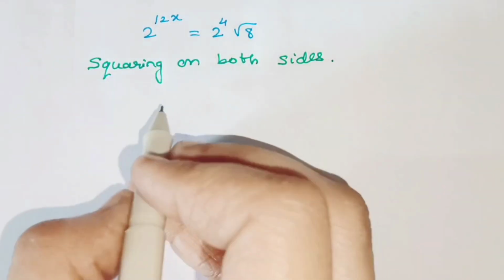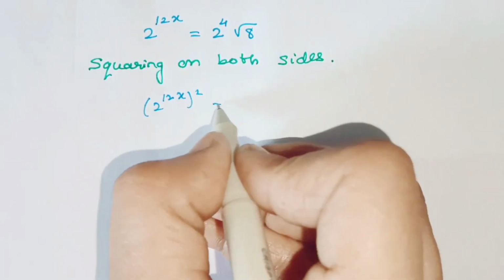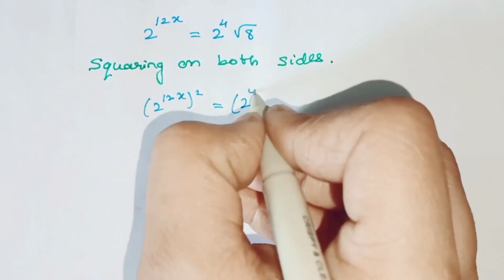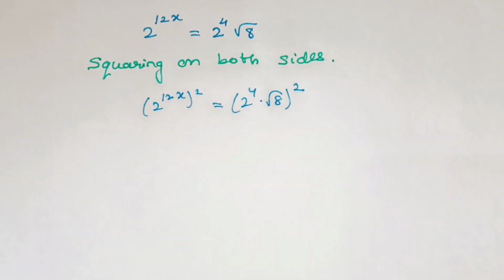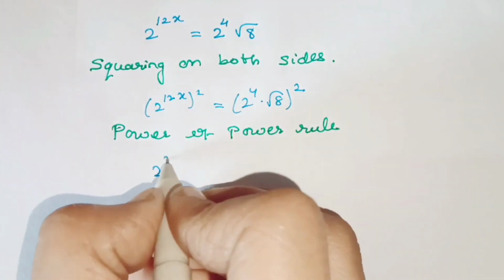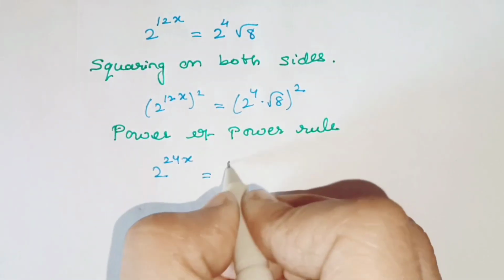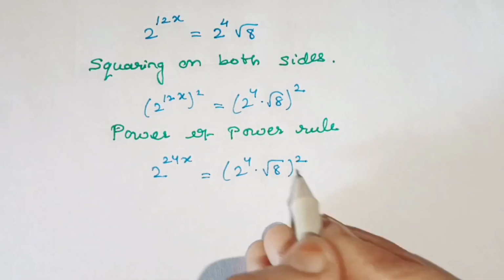We get 2 raised to 12x the whole square is equal to 2 raised to 4 into root 8 the whole square. Again we'll apply the power of power rule. So this will be 2 raised to 24x is equal to 2 raised to 4 into root 8 whole square.